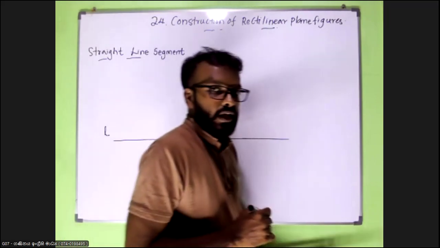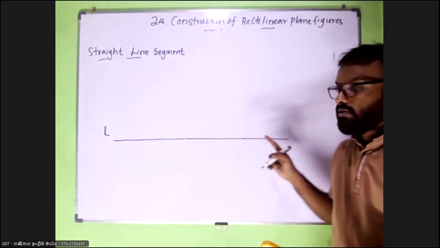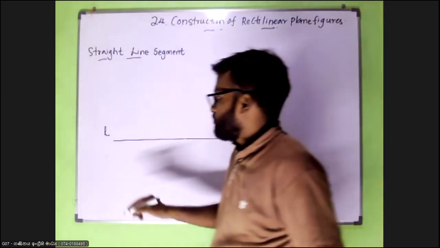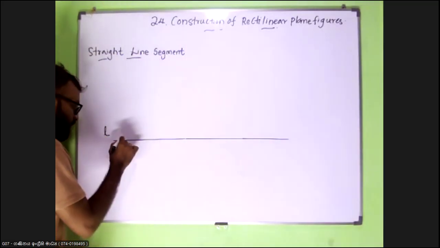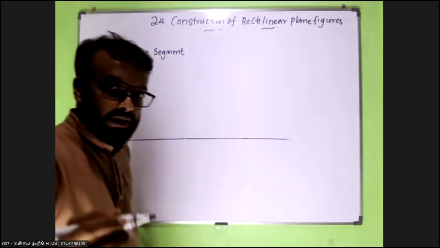This is my complete straight line, and we have to mark a point on it. I will mark a point somewhere around here in the middle and call it A. Please do this.